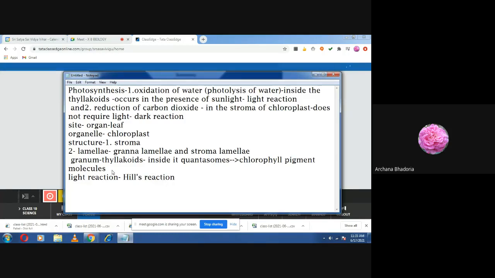So, you can write down quickly once again that during this process, photolysis of water occurs. Are you writing when I'm saying? Yes, ma'am. So write it. During this reaction, the photolysis of water occurs.